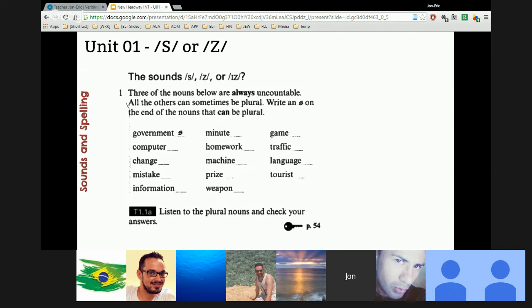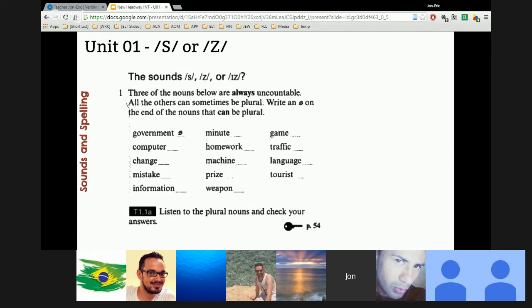It should be the Z sound because of the N, but it doesn't sound unnatural to say it with an S either. According to the rules we're going to see, it should be the Z. But it doesn't sound strange to say weapons, because you can kind of swallow the last syllable and therefore you don't need to voice it. Anyway, according to the rules, I'm sure we're going to see that it's actually the Z sound, weapons. And that has to do with the letter N.